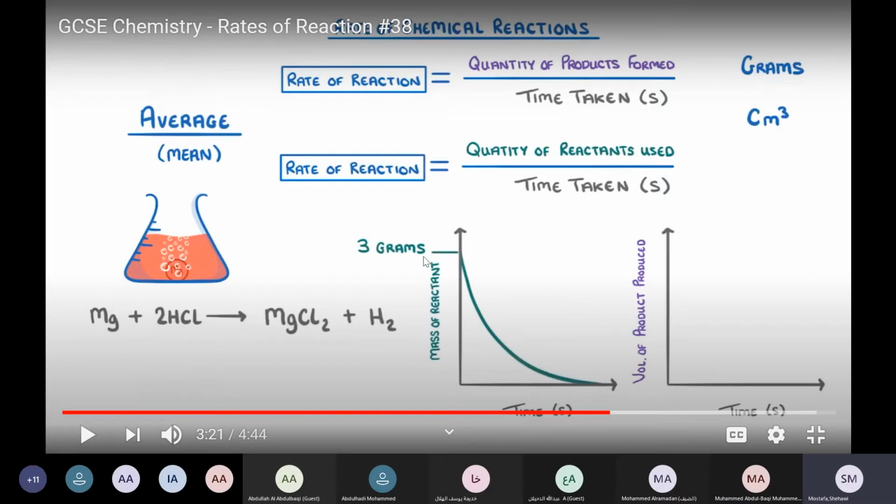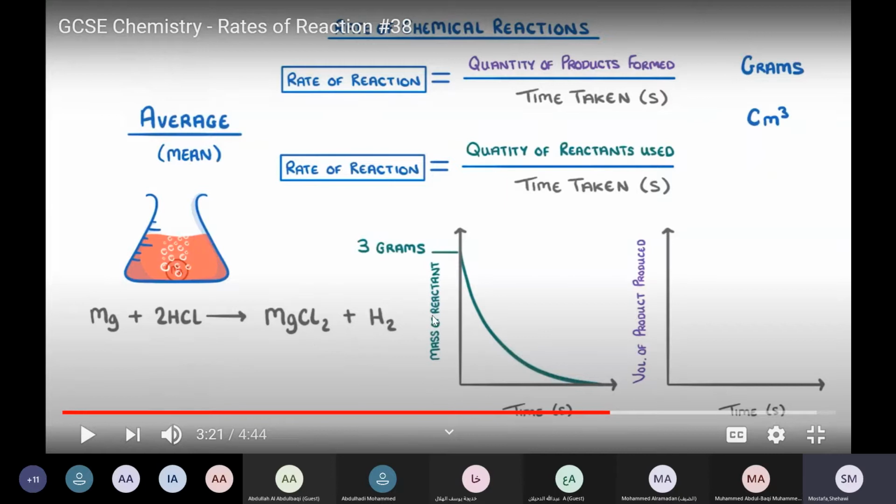So this is mass of reactants. We started at 3 grams and this mass started to vanish until it becomes 0 at the end of the reaction, which means the 3 grams of magnesium reacted with HCl and vanished in the end. Instead of them, products started to appear.